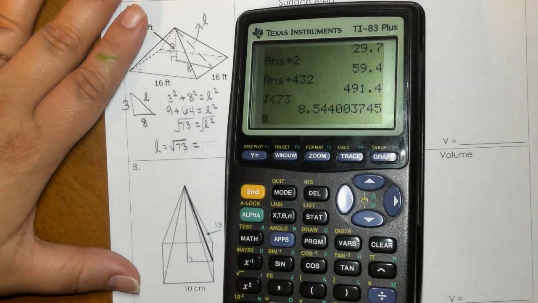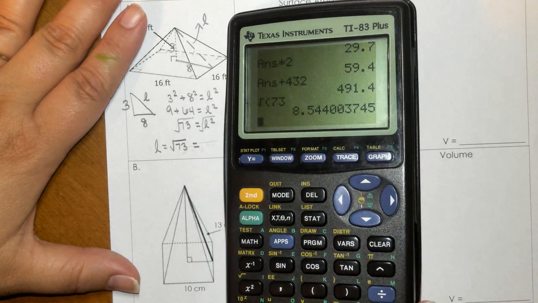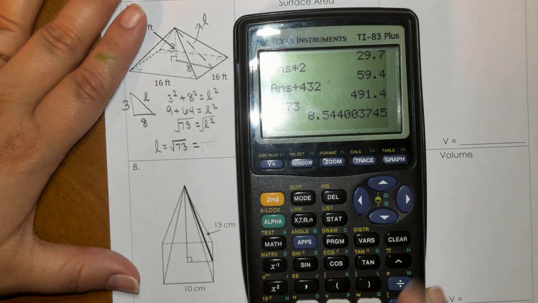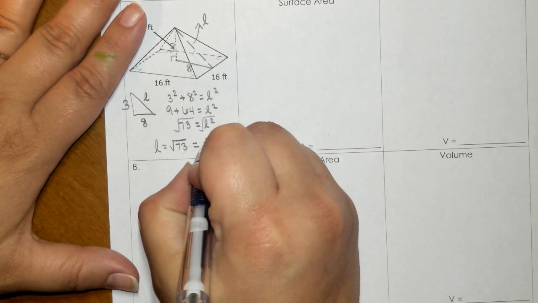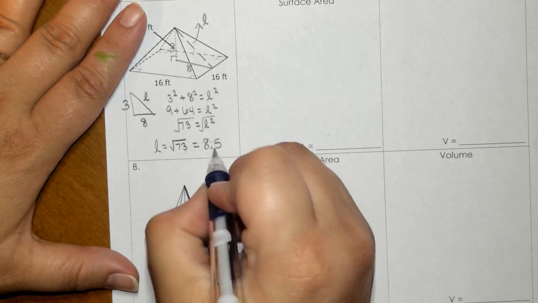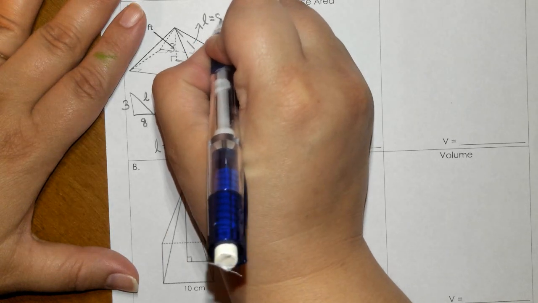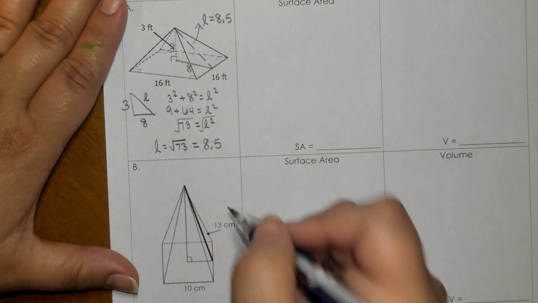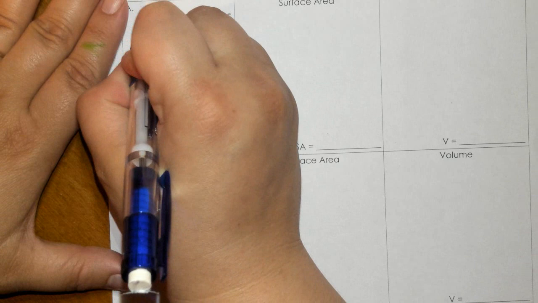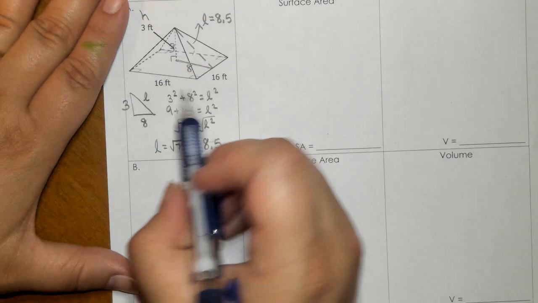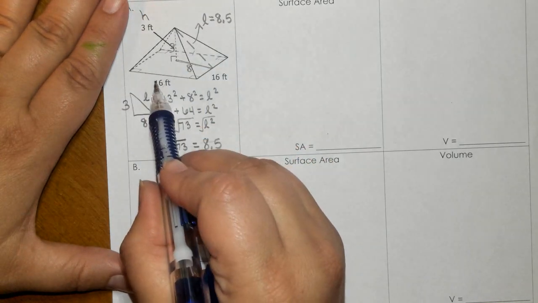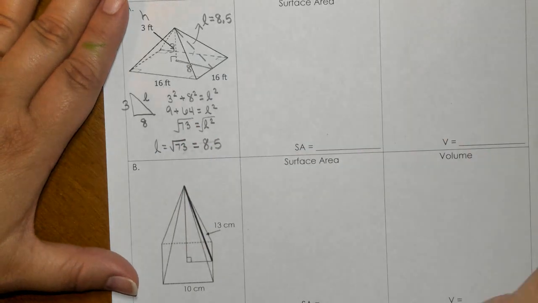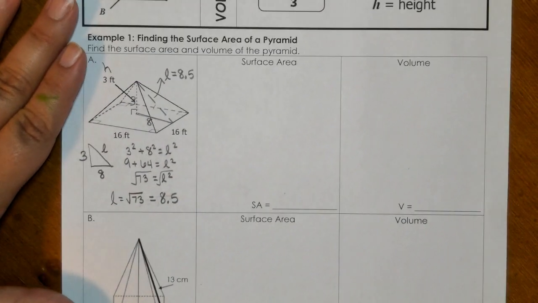So 8.54, and it keeps going. So we're going to go with 8.5. I'm going to round to the nearest tenth. So this is 8.5. I got my slant height, and I know that the base down here has side lengths of 16, so it's a square pyramid.